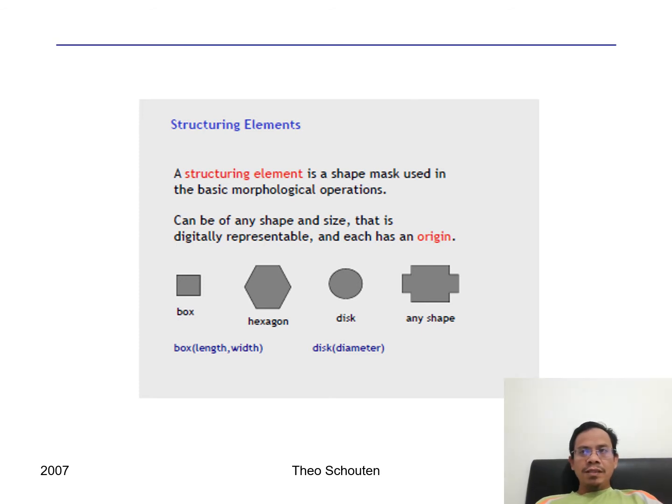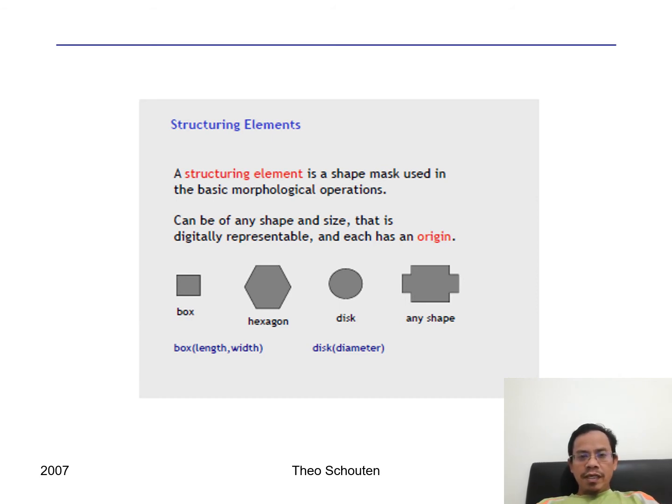Our mask is used when we perform a filter. Mask means the size or type of filter. So we need to have that mask. It is the same for morphology. We need to have a structuring element for the morphological operation.